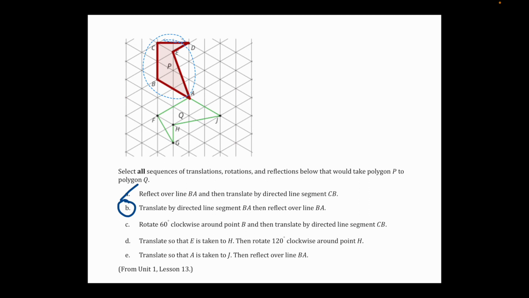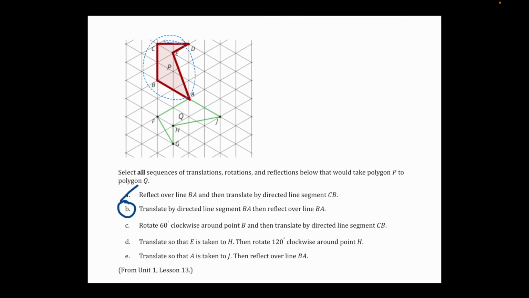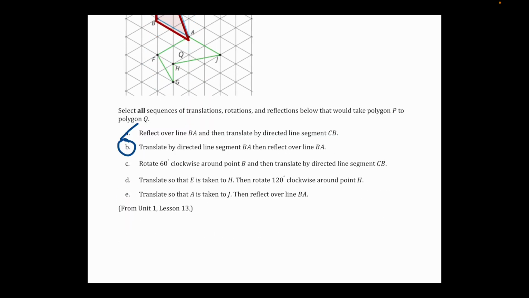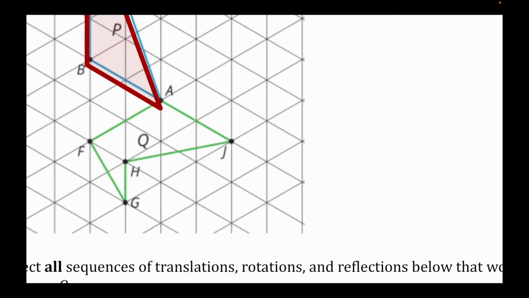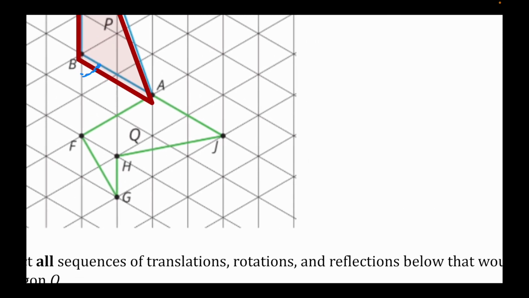This actually defaults to being symmetrical, but I know that a rotation should still take me 60 degrees. And if we're rotating around B, then B should not move. So 60 degrees means we're actually just going to go this distance here, or one triangle.